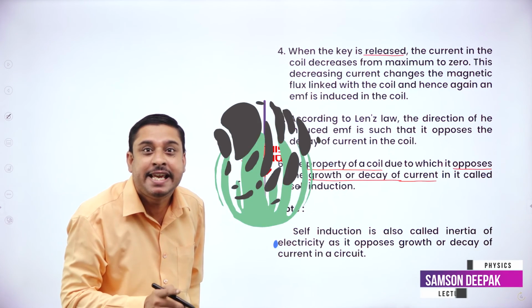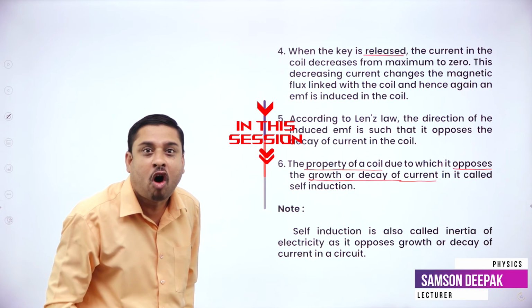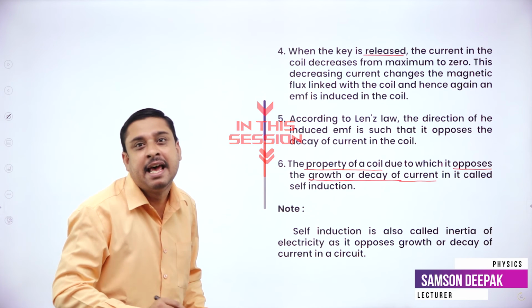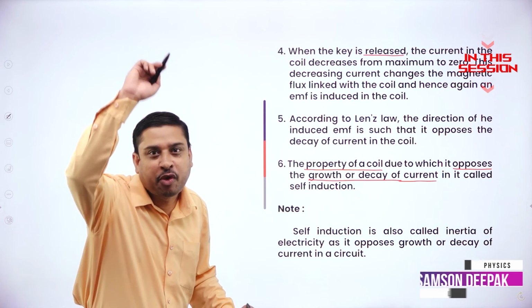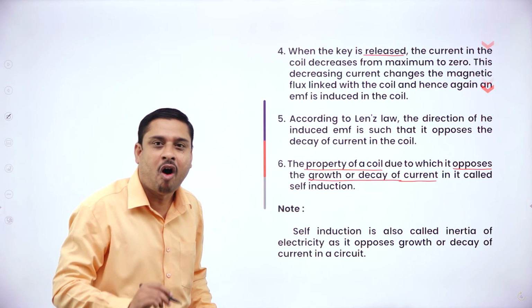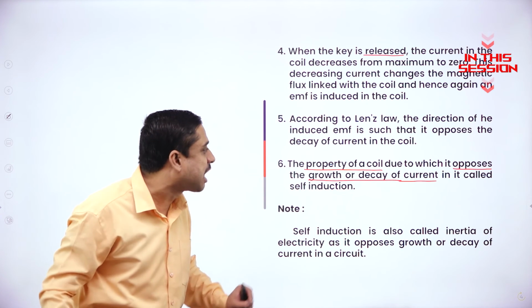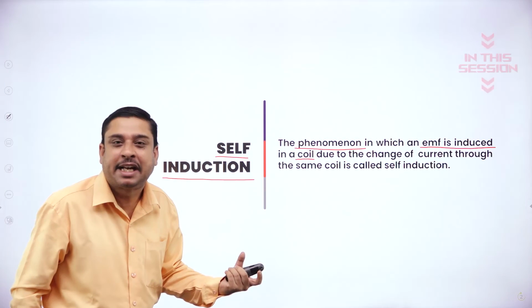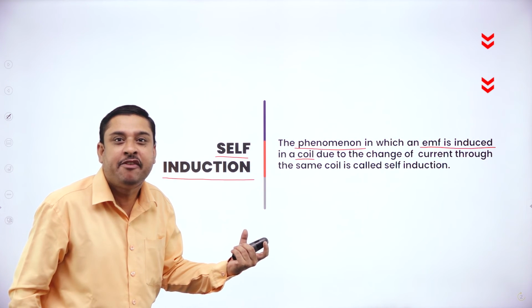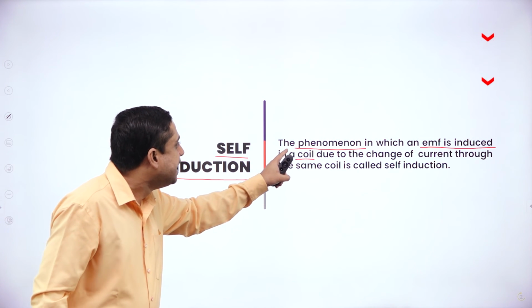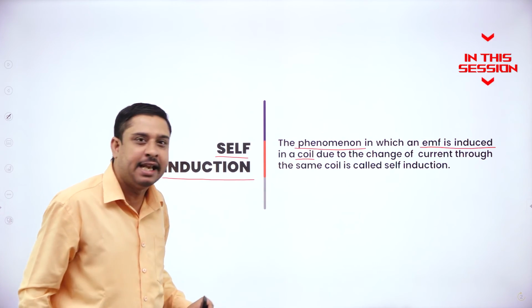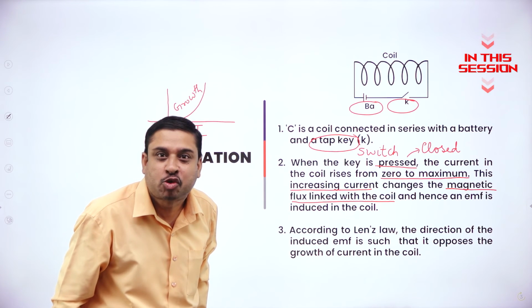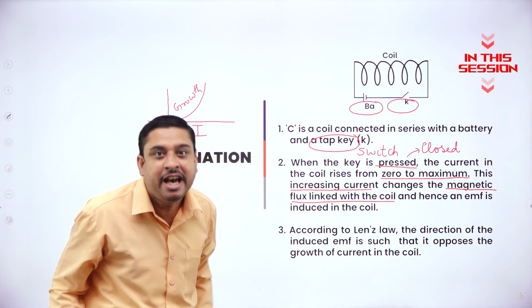See, induced EMF by Lenz's law opposes either the growth of current or decay of current in the coil, and that itself, electromotive force is induced in a coil. Have I used external source to get an EMF here?